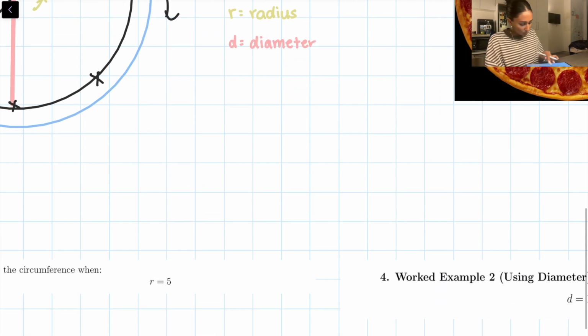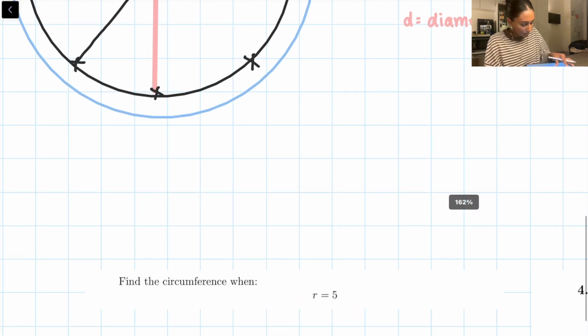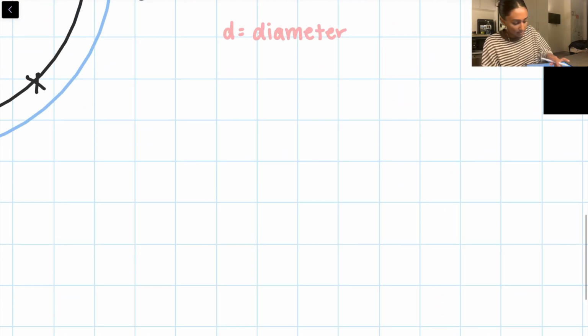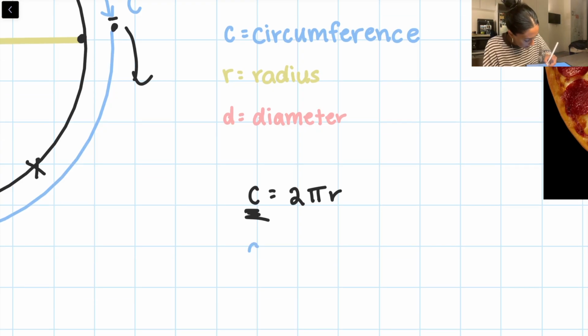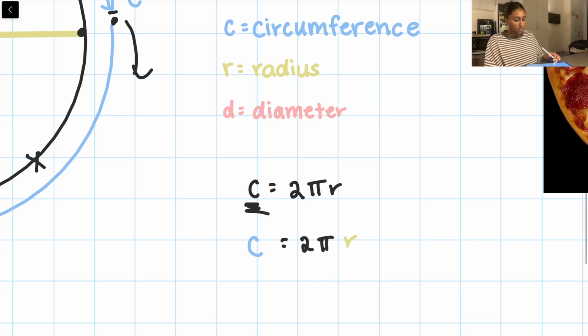Okay. Moving on, a key formula that you're going to be using when you're doing these sorts of questions is C equals 2 pi r. And what this represents is how you're going to find the circumference. So again, if we look over here, C stands for circumference, R stands for radius. So if we color code it, you'll have C equals 2 pi r.